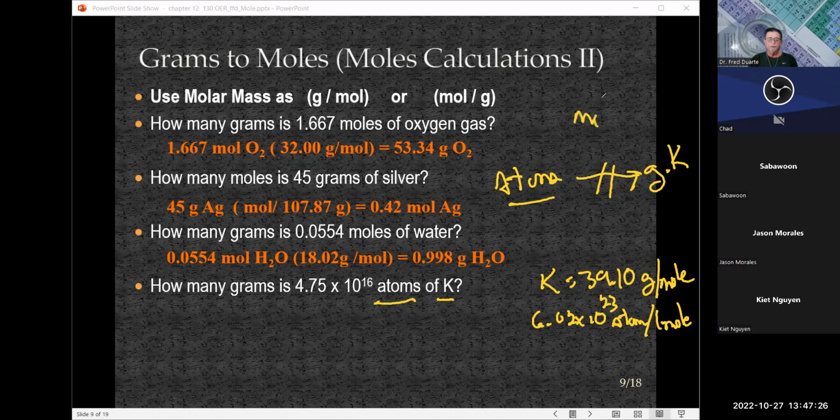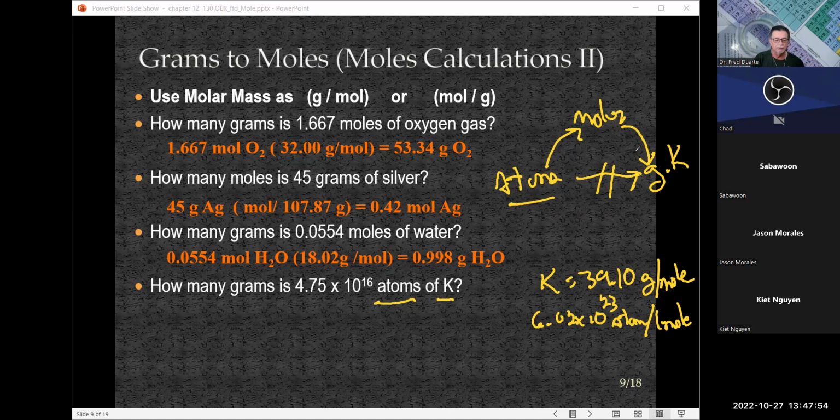We have to go through moles, then to grams. See how the mole is the common unit that gets us from point A to point B with respect to these types of calculations. So atoms to grams, grams to atoms require us to go through moles.